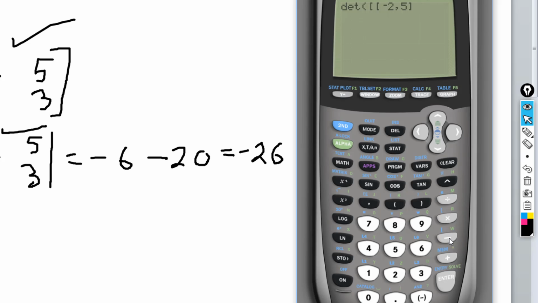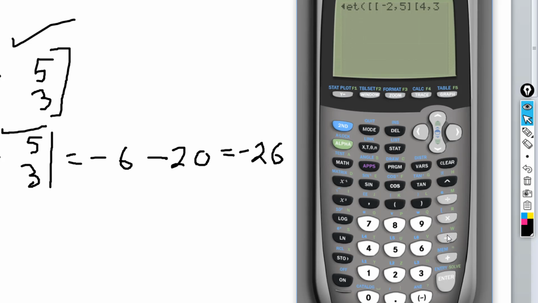And then you put the next row as a matrix again in brackets. So I start off again with a left bracket there, and then enter the 4, comma, 3, and then close brackets, so second again, and then hit the minus sign.